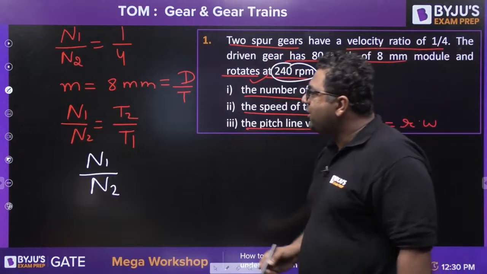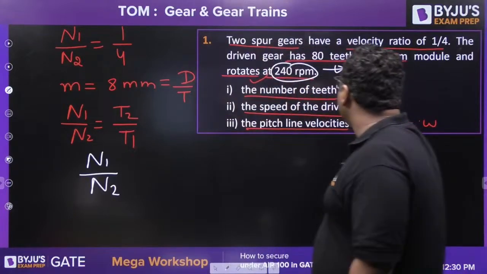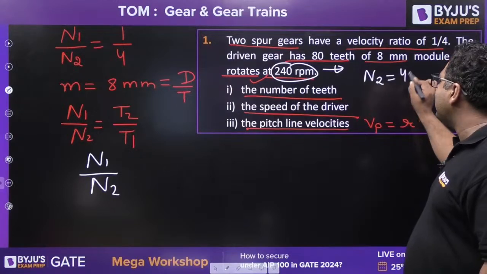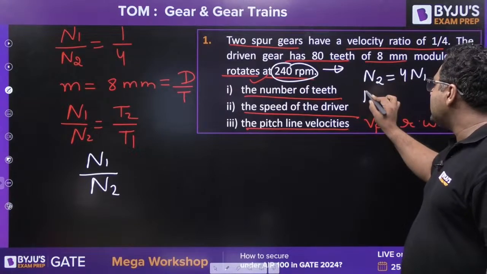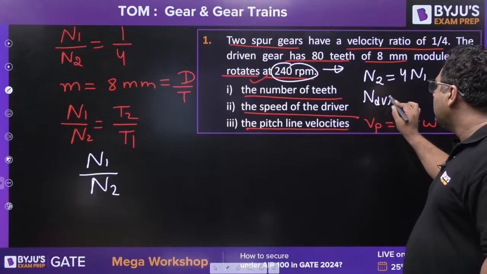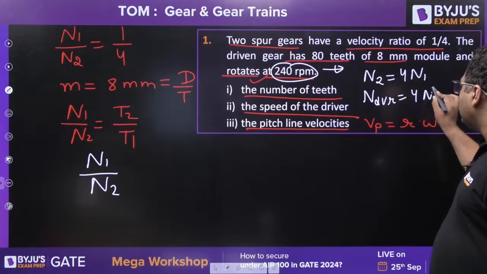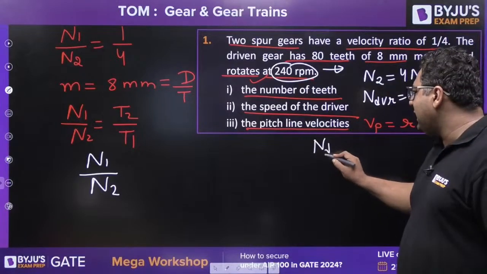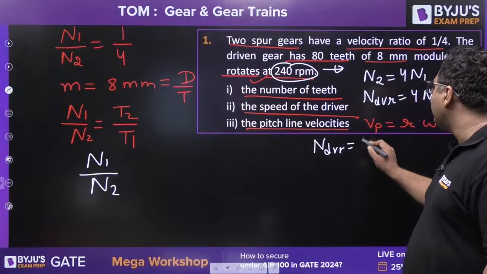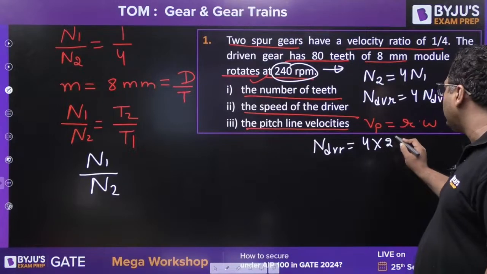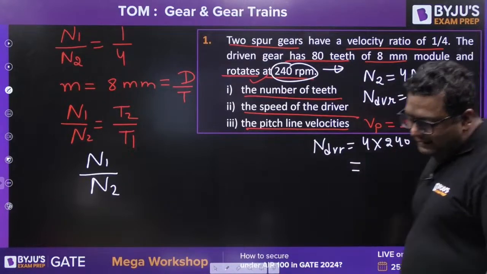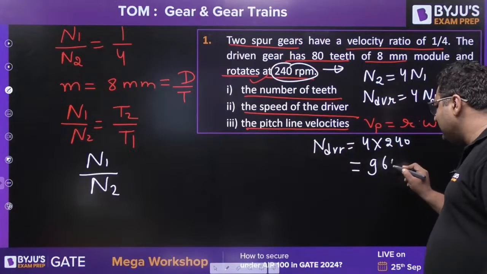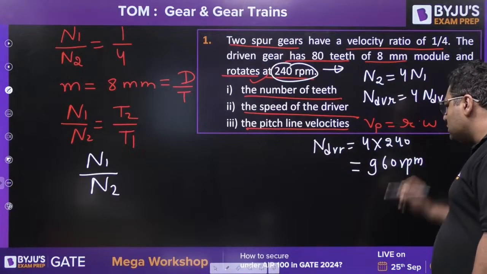As the ratio is 1/4, it is very clear N2 can be written as 4 times N1. We are saying 2 as driver and 1 as driven; you can use the opposite terminology as well. So N driver will be 4 into 240, so you will be getting the driver gear speed as 960 rpm.